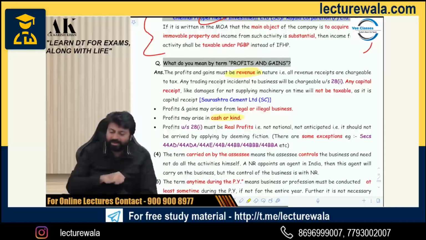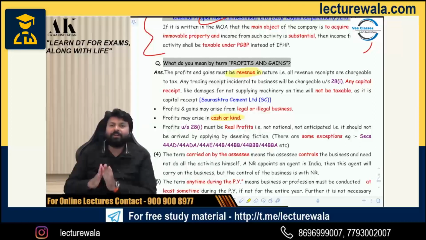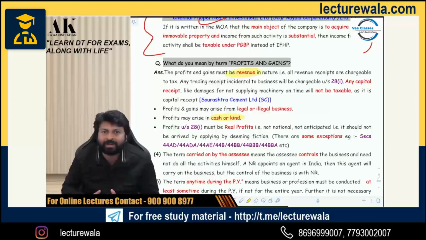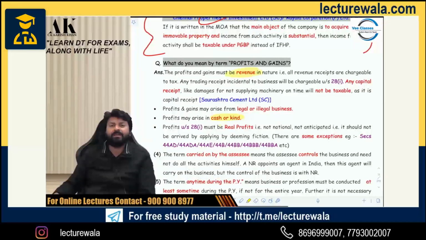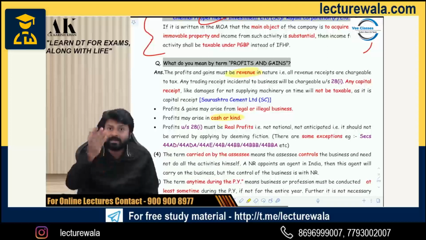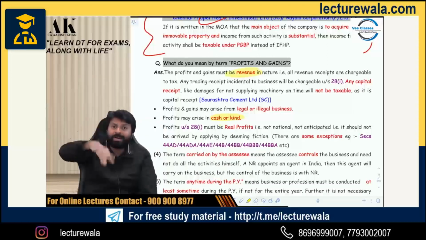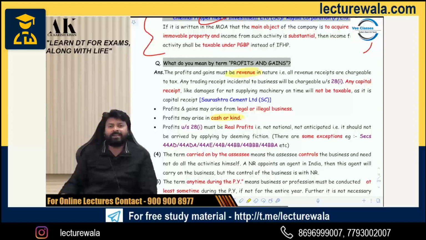I have also written over here, check in the bracket. Those are exceptions. By default, your profit has to be real profit. But yes, your profit can be notional in certain exceptional cases, where your turnover is up to 2 crore, or where your professional gross receipt is up to 50 lakhs. Those are special sections, and they override sections 28, 29, 30, 31, 32, all the PGBP provisions.